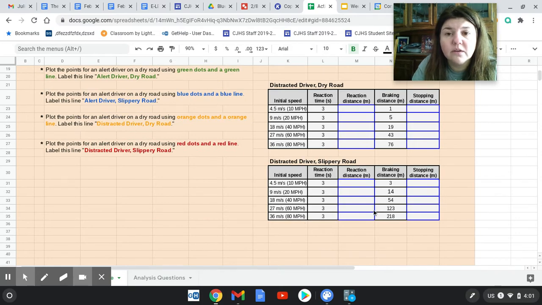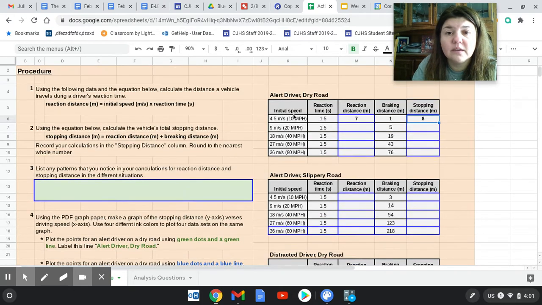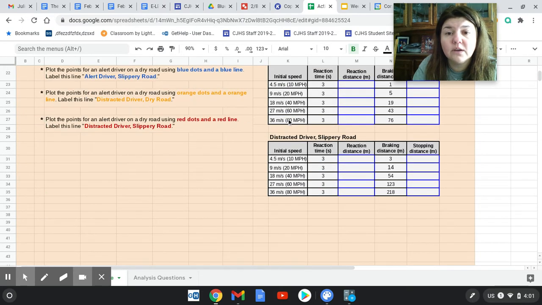Let's go down here. That was an alert driver on a dry road traveling at a slow speed. Let's go down here and see what the stopping distance would end up being for a distracted driver. So maybe somebody who is on their phone or drinking coffee, or messing with the radio, or they have a screaming kid in the back.